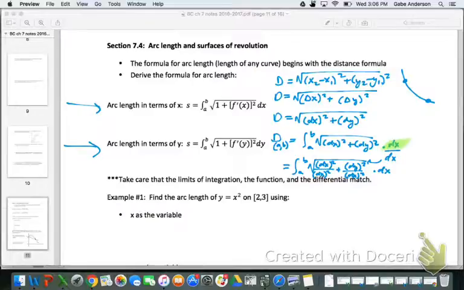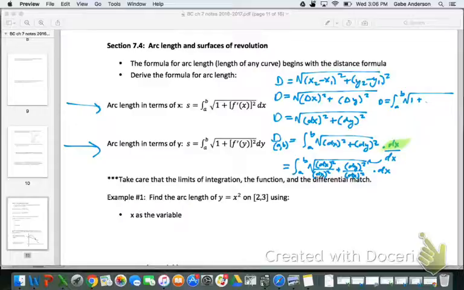Okay, so to finish this up, what is dx squared over dx squared? 1. There's your 1, right? There's where the 1 comes from. So if we write that up here, we say distance equals integral from a to b square root of 1 plus, what is dy squared over dx squared? If we wanted to simplify it just a little bit, it's f prime squared. It's dy/dx squared, right?